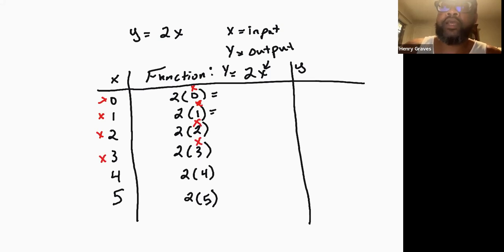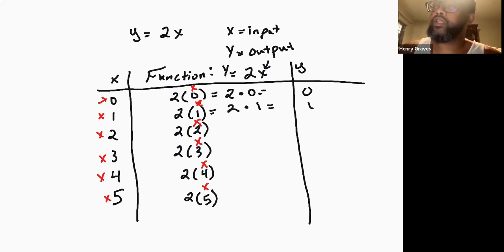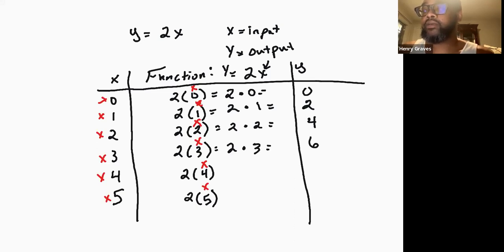And then after I do that, it's really going to be 2 times 0, which is 0. Same thing, 2 times 1, which is 2, I'm sorry, that shouldn't be 1, that should be a 2. Then 2 times 2 is 4. 2 times 3 is 6. 2 times 4, which is 8. And 2 times 5, which is 10.